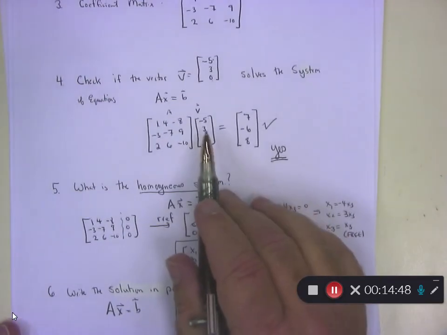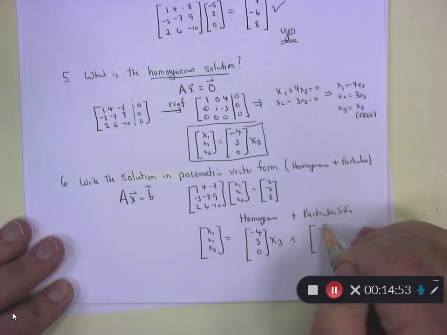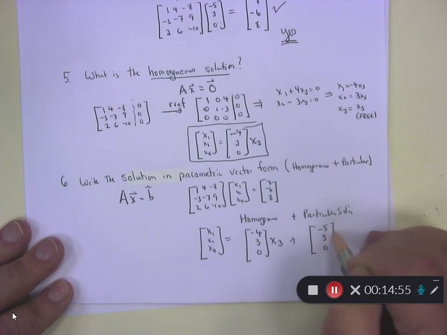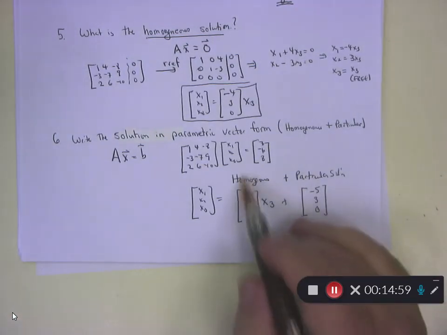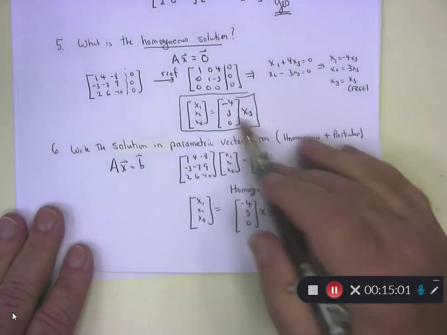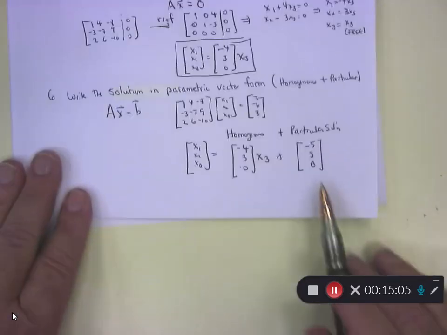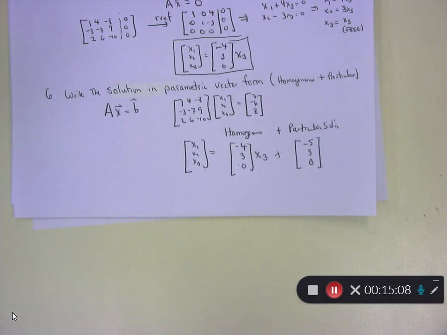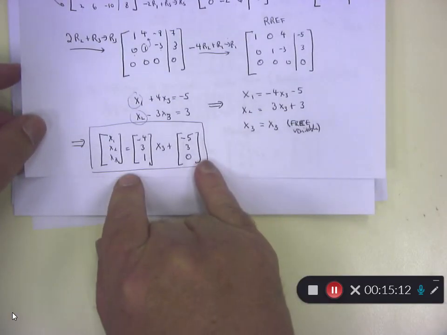We checked it, did this vector actually work? It was that negative 5, 3, 0 actually worked on this. Does that make sense? Homogeneous, which is coming from this answer, plus this particular vector that solved the entire equation, those two answers put together. And if you go back to part number 2, that's exactly what we got.